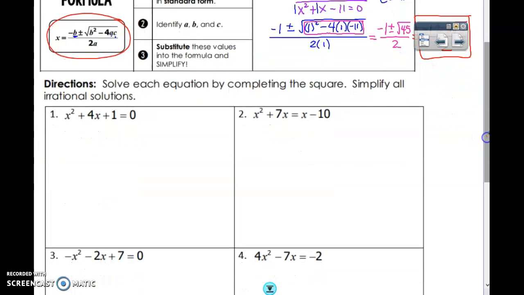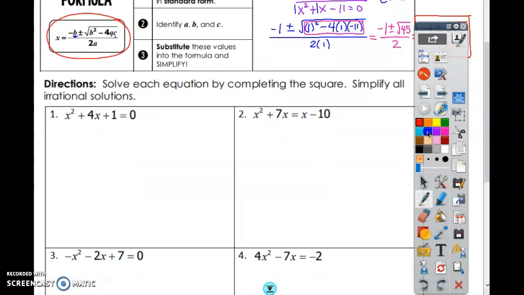Problem 1. Right here, my A is 1, my B is 4, and my C is 1. I got the numbers from here, 1, 4, and 1. So when I plug it into my formula here, I have to have a negative B. So that means it's a negative 4 plus or minus the square root of.